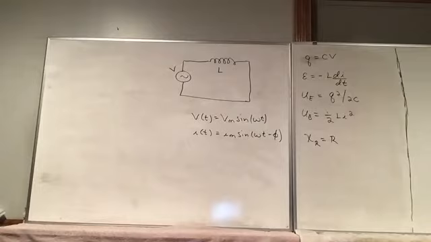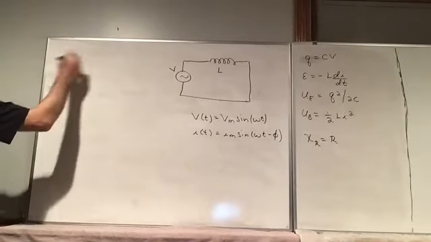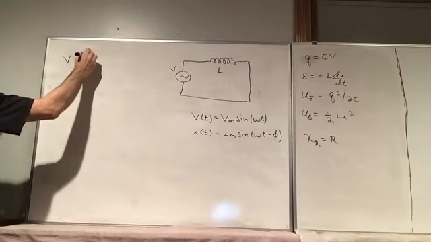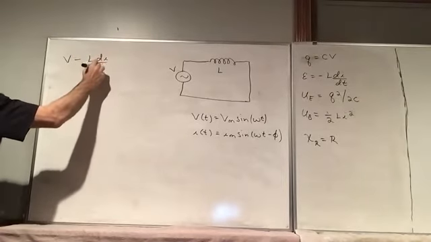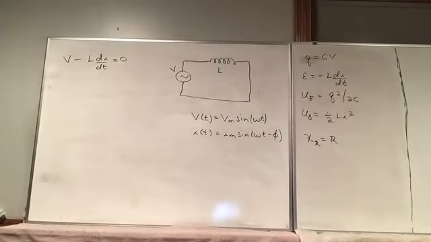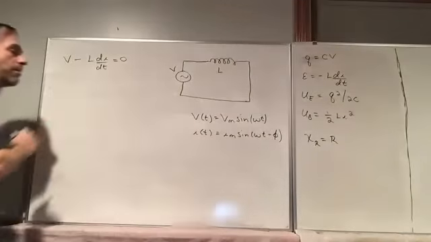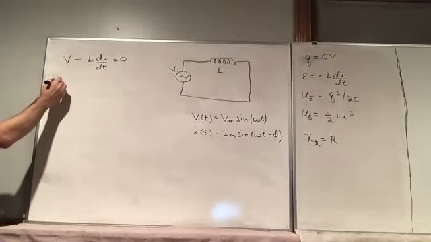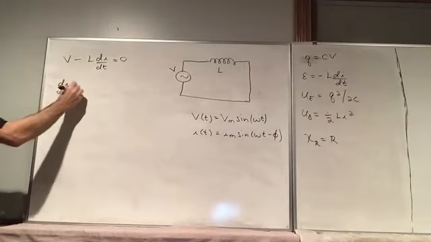So using our loop rule, we have V minus the voltage across the inductor, L di/dt, and that equals 0. And so we're assuming a current of this form. And so let's find di/dt.